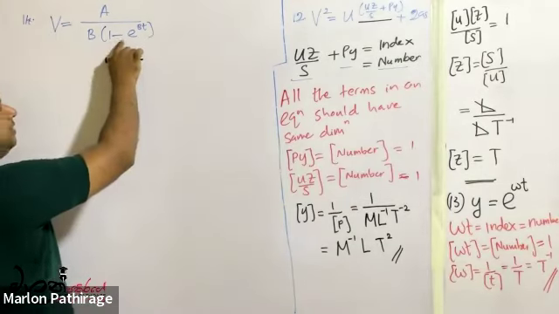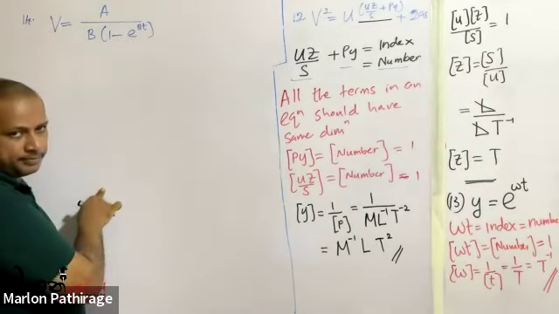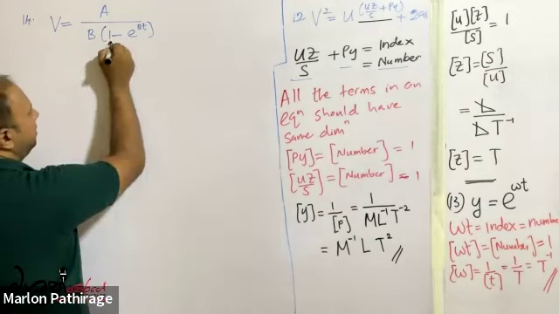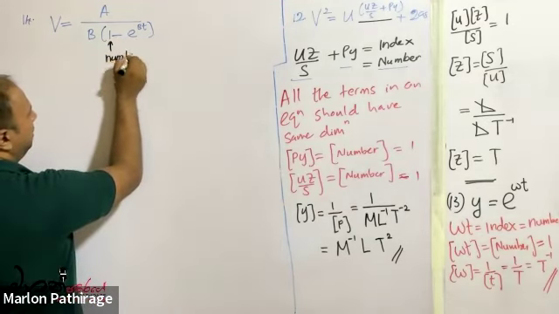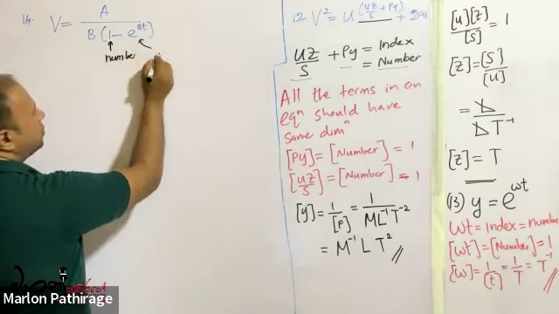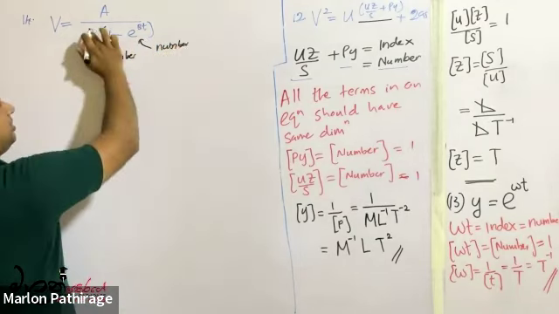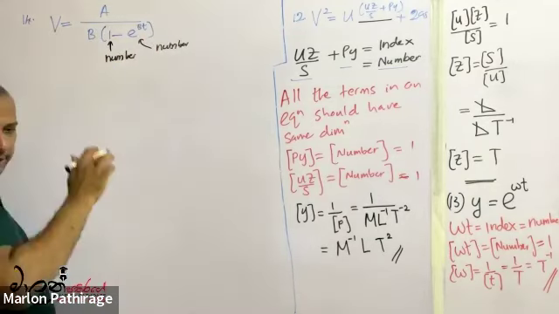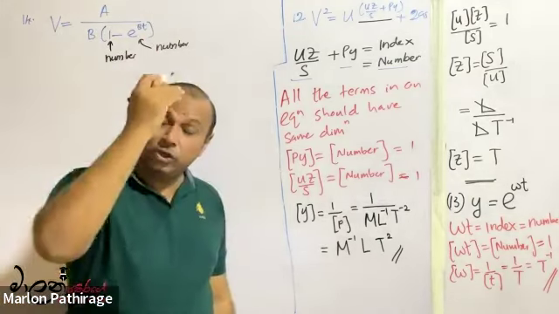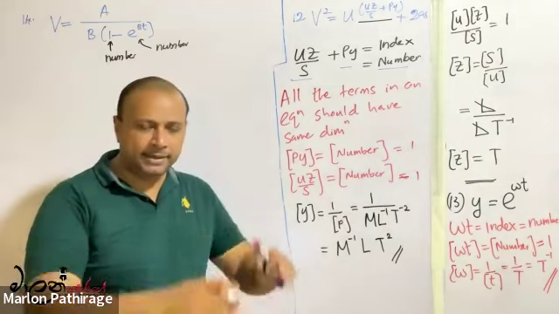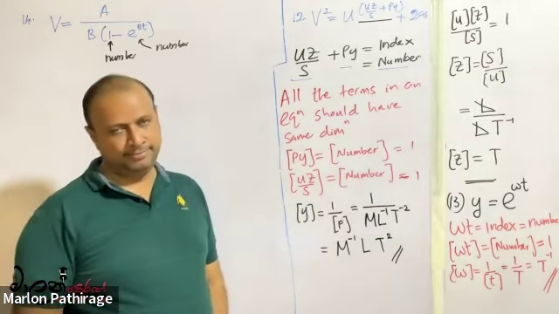Therefore, 1 minus e to the power bt is a number. That means this entire term, 1 minus e to the power bt, should be a number.